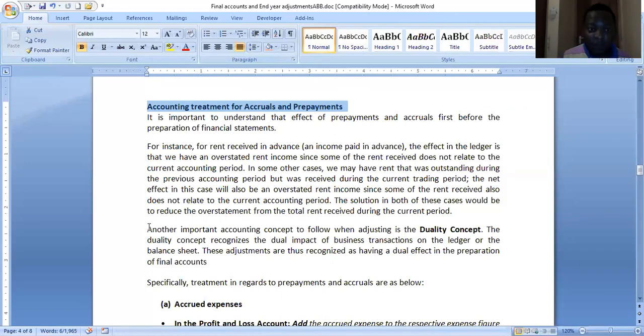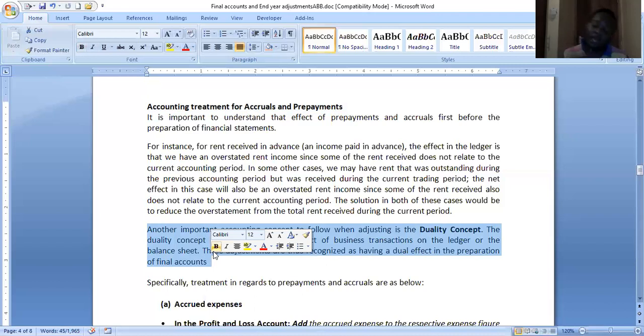So that is the accrual concept. And then another thing that you need to follow here is the duality concept, just like the concept of double entry, that any item in recording of transactions in the books shall have a dual effect in the books of accounts. So that in the end, we have a trial balance that is balancing and a balance sheet that is balancing.